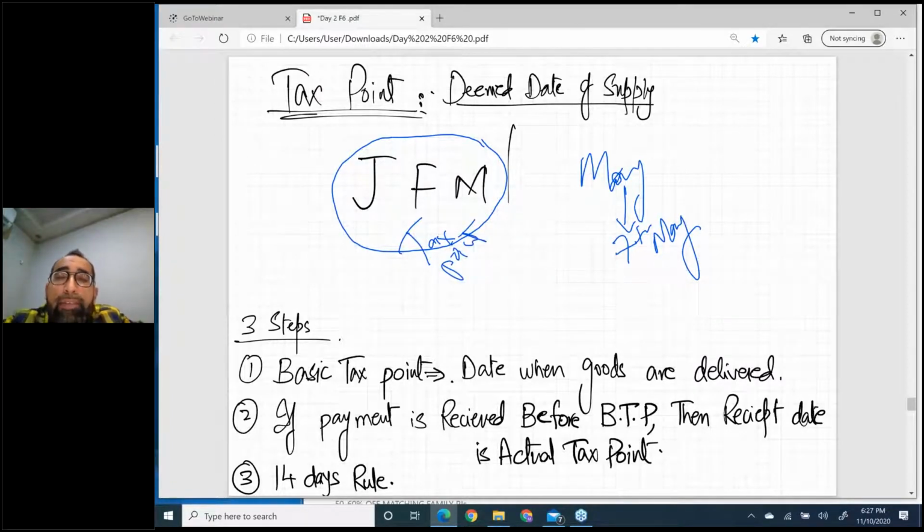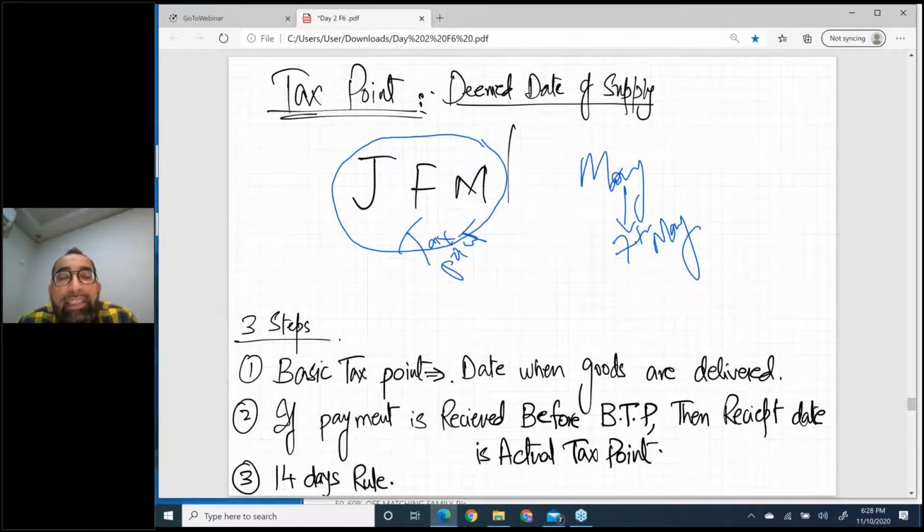If the tax point for any transaction lies in January, February, March, that transaction belongs to that quarter, and you have to pay VAT on 7th May. Got it? So from now onwards, be very watchful on the tax point. If the tax point lies in that quarter, then yes, that transaction belongs to this quarter. Otherwise, no.